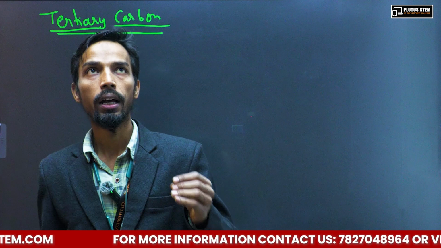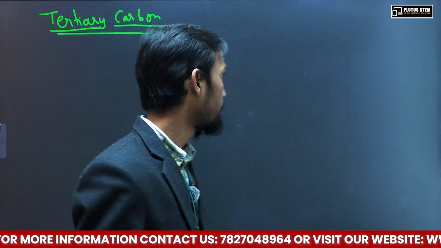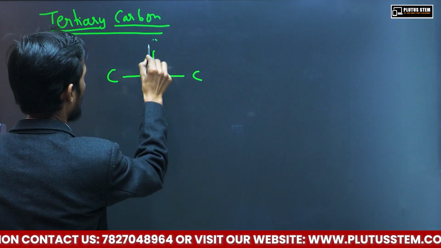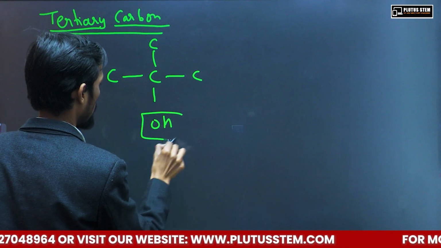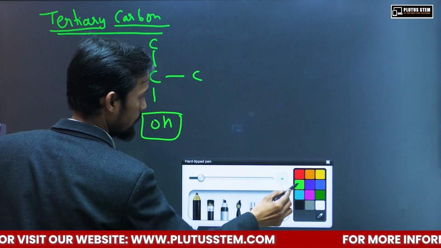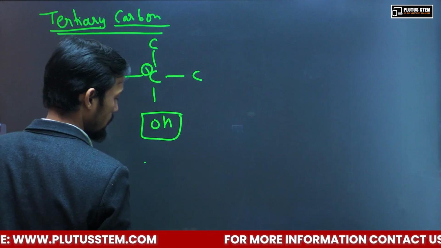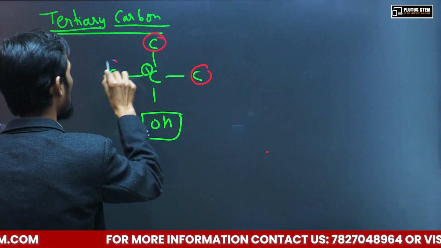Tertiary carbon, the same thing over here. The carbon we are talking about is attached to how many carbons? This carbon is attached to how many different carbons? 1, 2, 3.